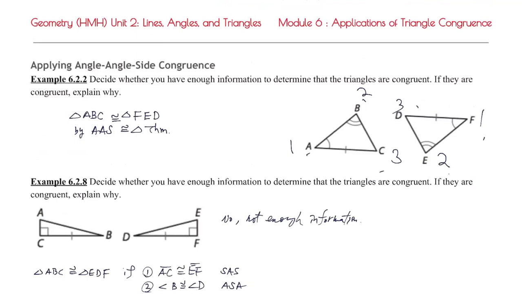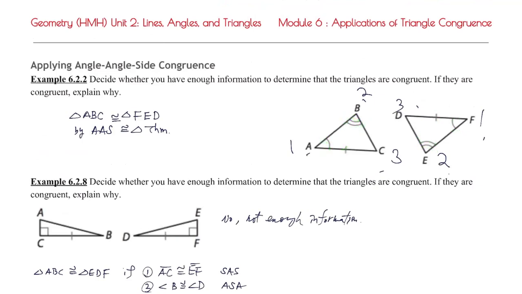So in this particular case, we need to decide whether we have enough information. All right, we know that this and this is the same. We know that this and this is the same, right? So we got one tick mark with the same side, and a single arc mark for the angle, and this is the same.